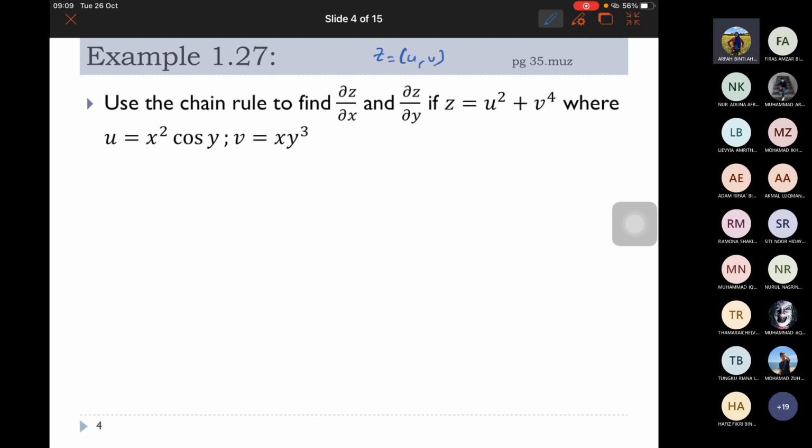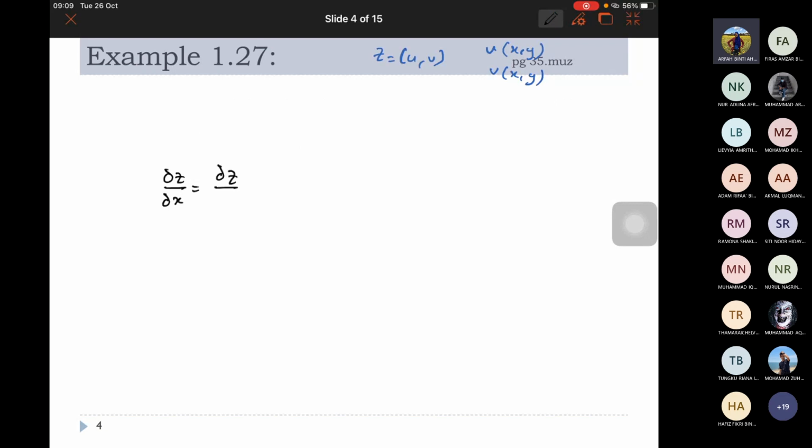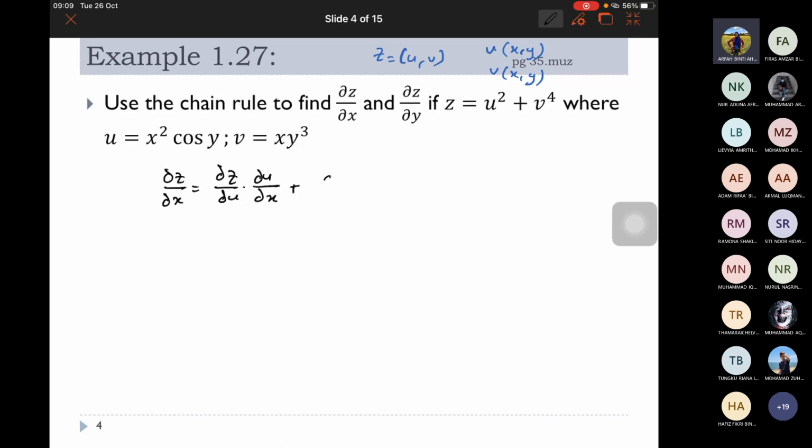And if you take a look, u is a function of x and y and v is a function of x and y. So partial z over partial x equals partial z over partial u, multiplied with partial u over partial x, plus partial z over partial v multiplied with partial v over partial x. Look at what the formula is.